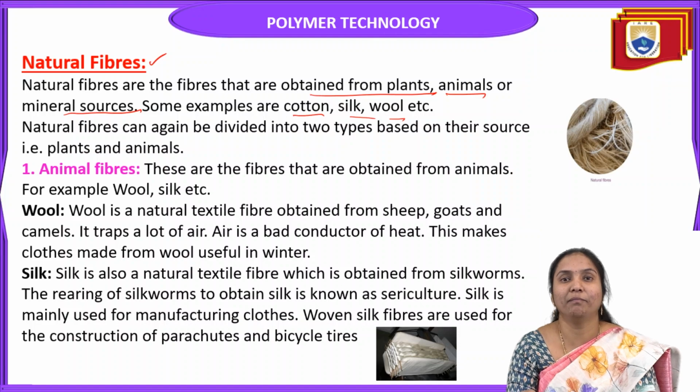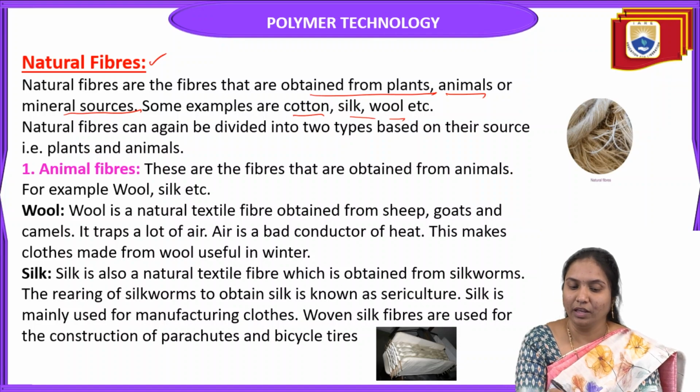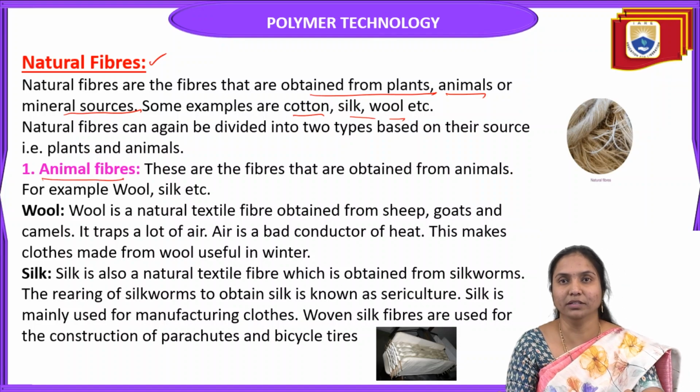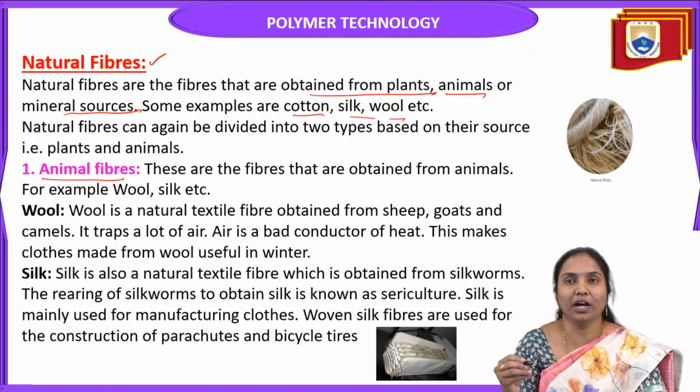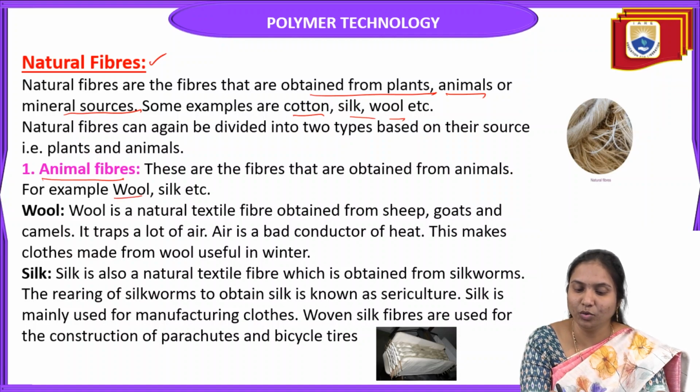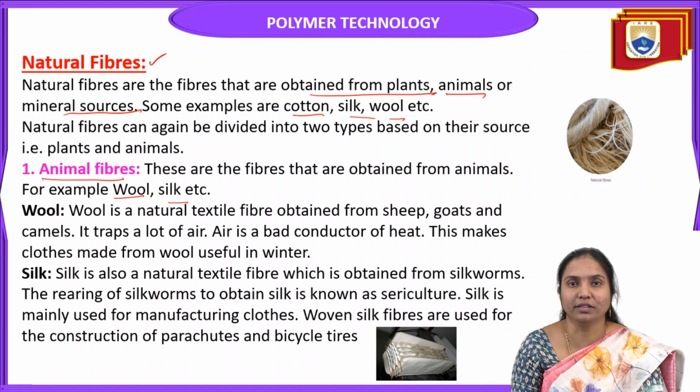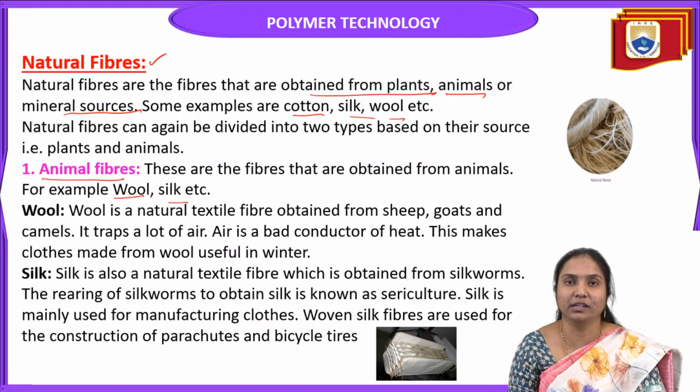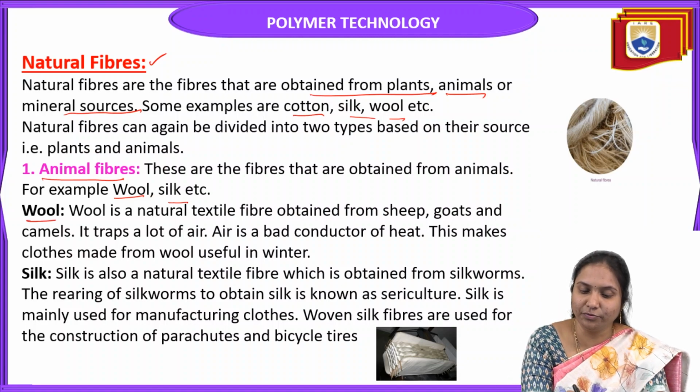Animal fibers and plant fibers. The first one is animal fibers, which are obtained from animals. For example, wool and silk are the best examples of animal fibers. First, wool.